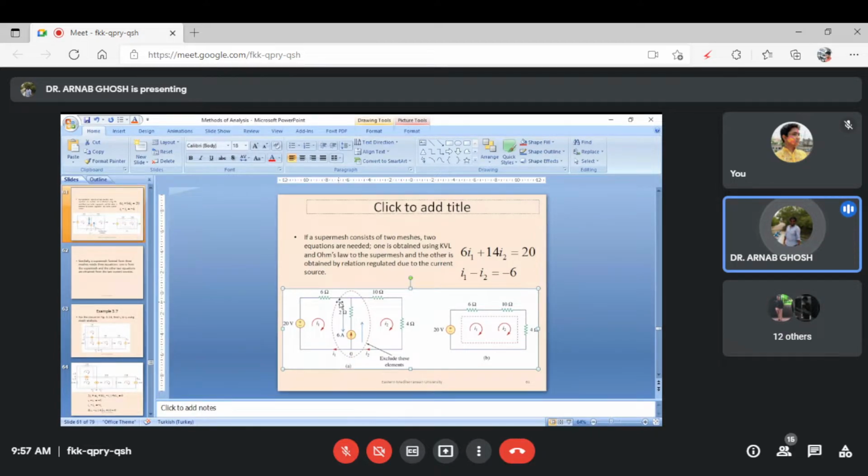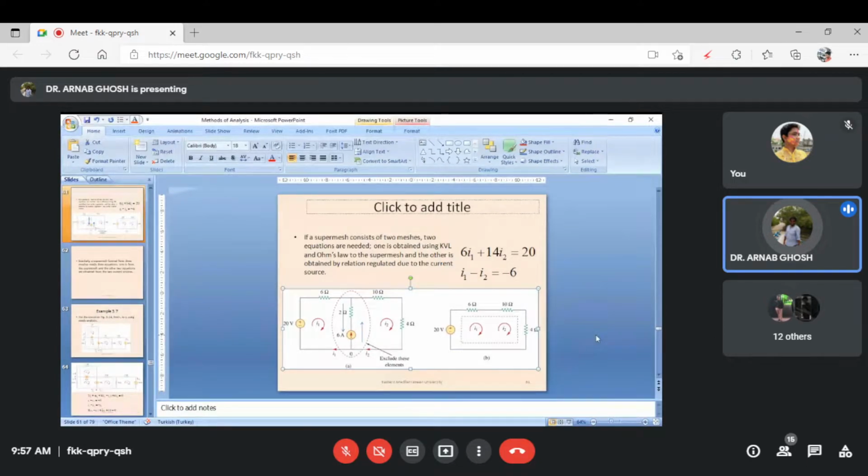But as we are considering this current I1, we are calculating the equation on this base. So that is why we are considering the direction of I2 as negative as well, and this 6 ampere is given in the opposite direction of I1, so this is also considered as minus 6. Is this clear? Yes, sir.